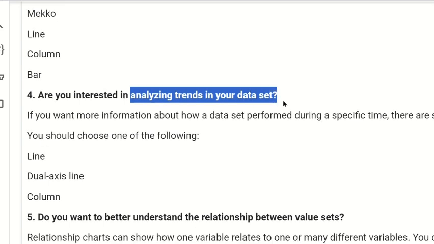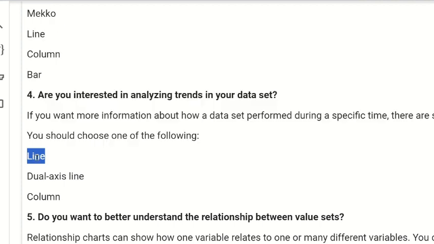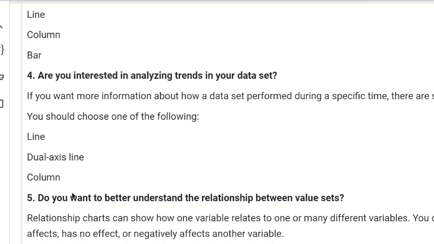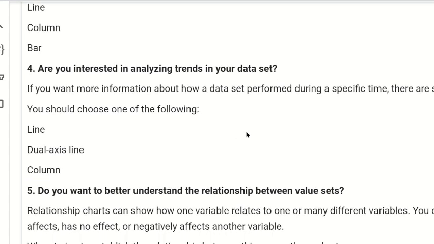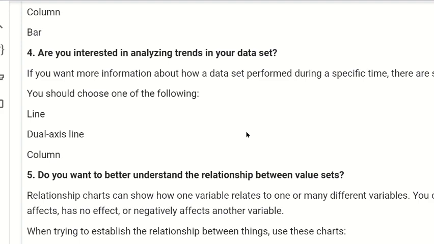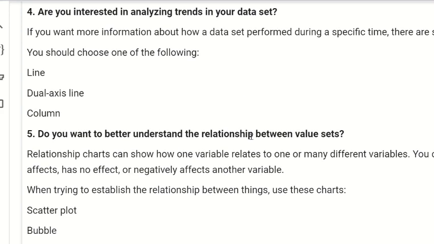So we can analyze trends in our data set. In the last project we did all this. We mostly use a line chart, and I think we don't use the column chart. To analyze trends performed during a specific time, we use specific chart types.